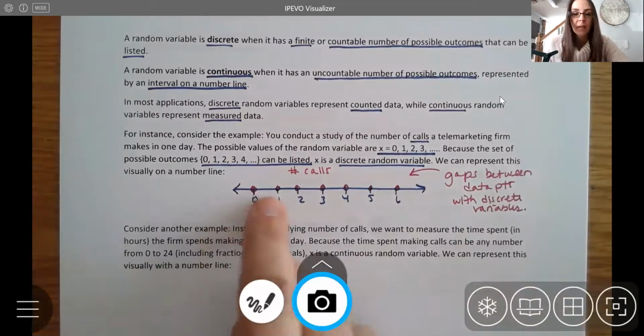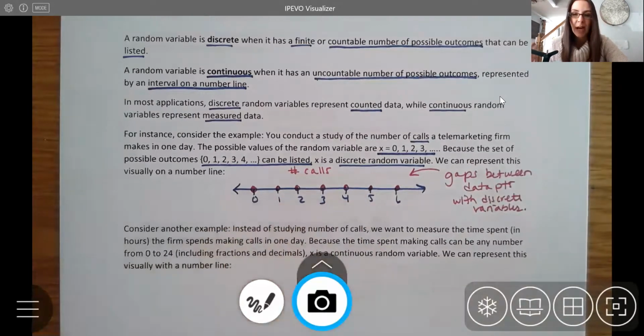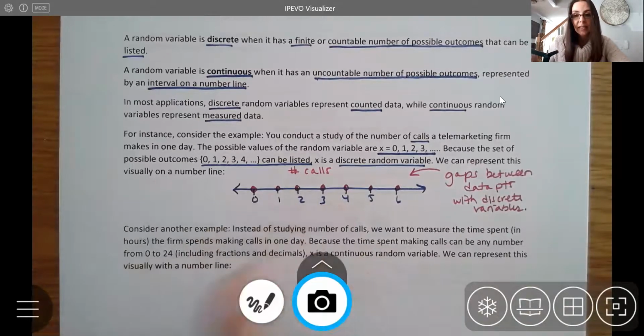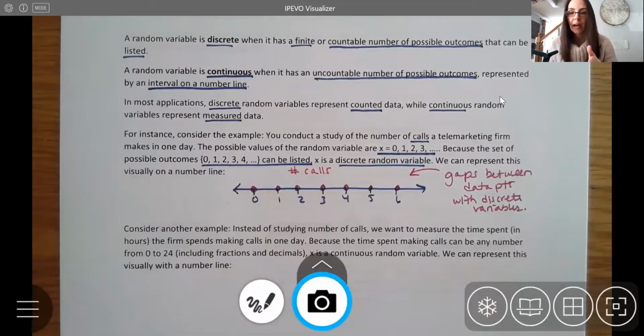Now, they don't always have to be just integers or whole numbers, although that's what happens most of the time. You could still have fractions here, but there still has to be gaps. So for instance, if we're going back to that chocolate chip cookie project, right? If you're counting numbers of chocolate chips in cookies, some students count down to the half chip or sometimes even the quarter chip. So your data could be, let's say we use half chips, 20, 20 and a half, 21, 21 and a half, 22, 22 and a half, and so on, right?